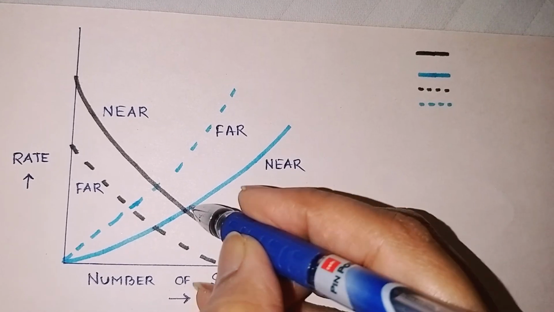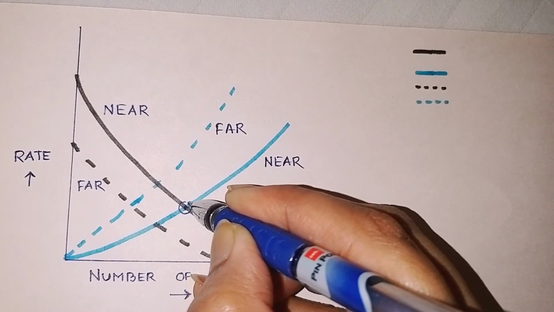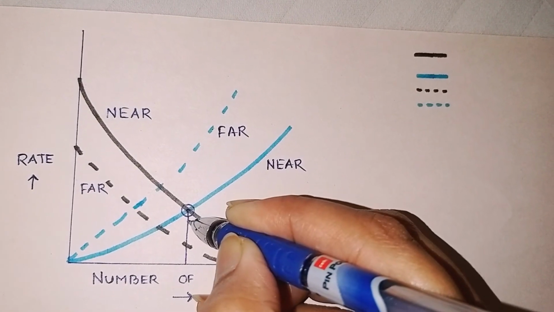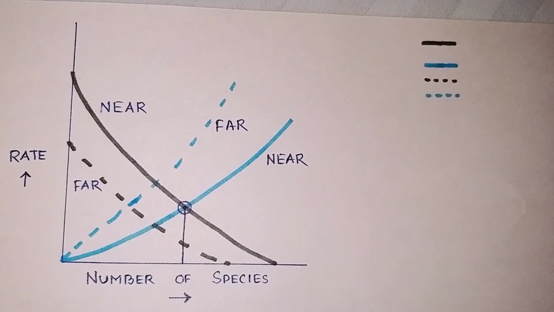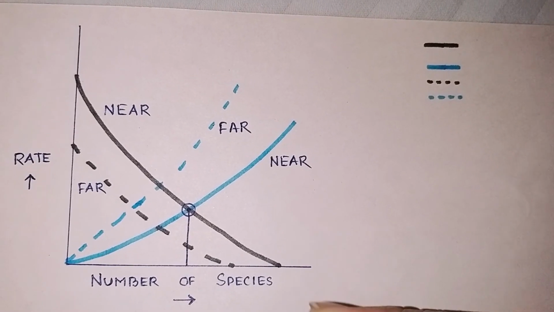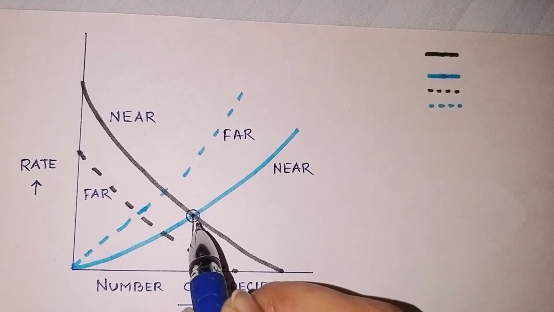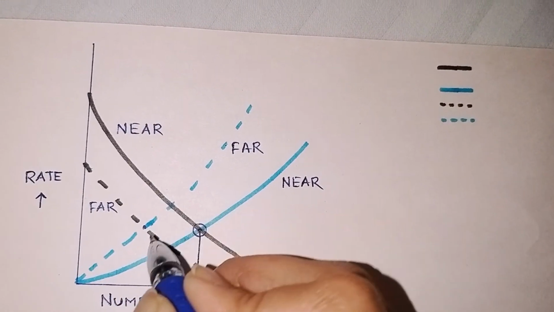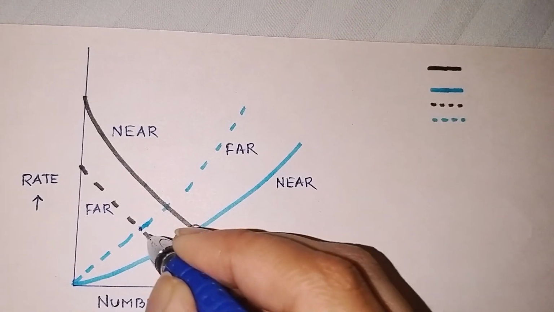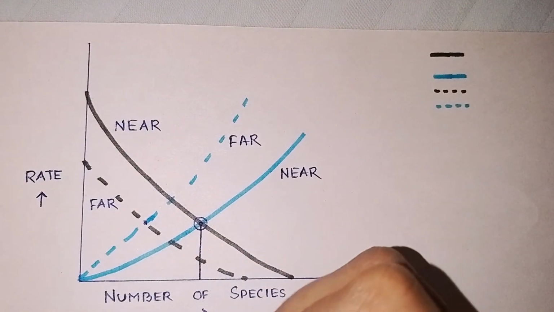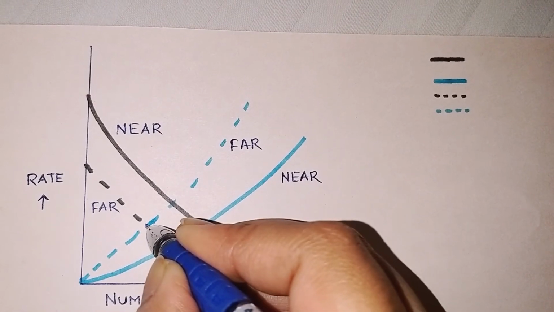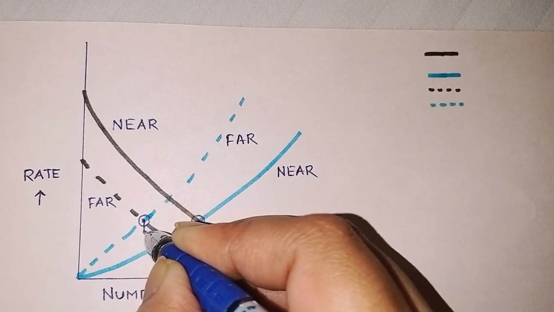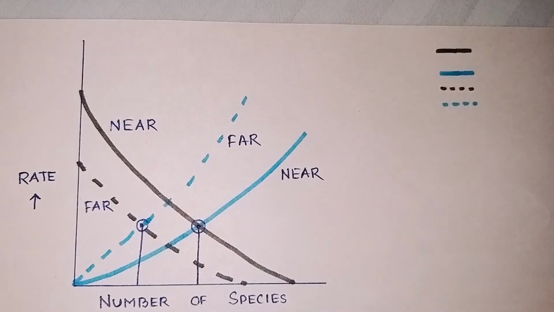Now if we drop a perpendicular like this from this point of intersection, it is like this. This is the equilibrium species for near island, and here we see the point of intersection of the two curves for far island. So if you drop a perpendicular like this, it comes here.